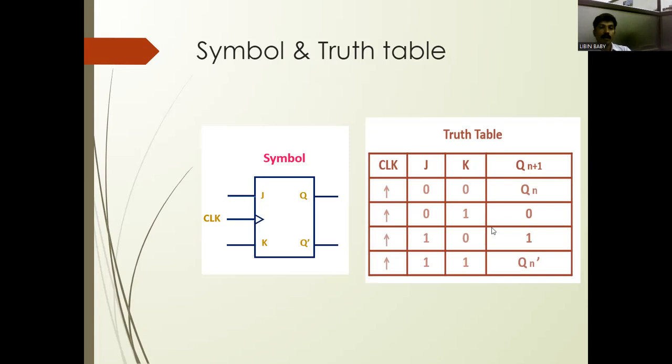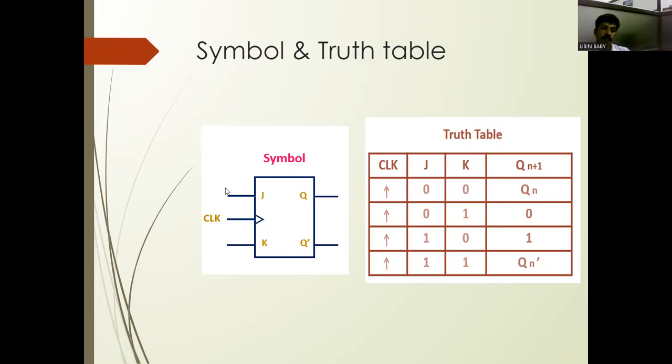This is the truth table for the JK flip-flop. Here there are four states mentioned, because we have two inputs, so there will be four states: both inputs 1 1, one input 1 and the other 0, the reverse, and both inputs 0 0.